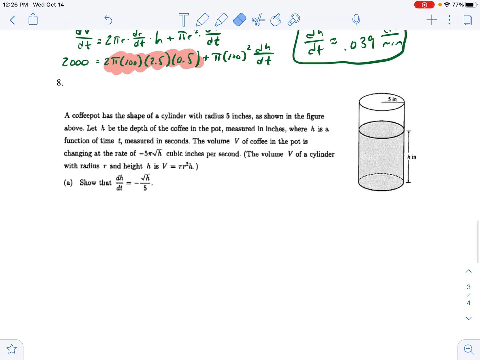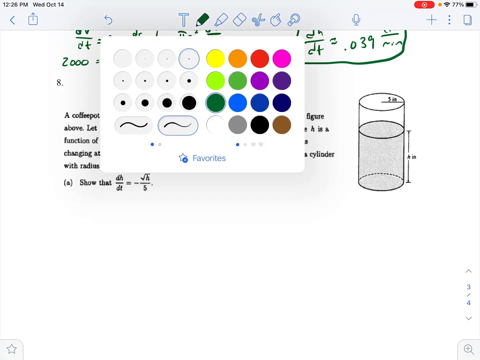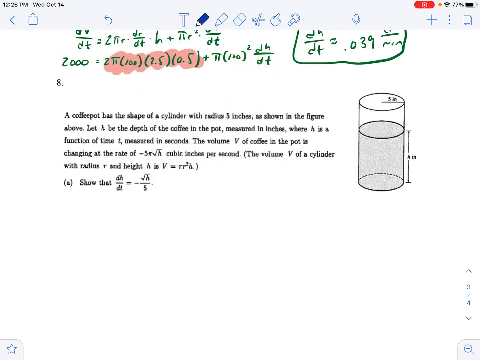Okay, a couple to go. Another cylinder one, but with a big difference here than the last one. Coffee pot has the shape of a cylinder with a radius of 5 inches as shown in the figure above. Let h be the depth of the coffee in the pot measured in inches, where h is a function of time t measured in seconds. The volume V of the coffee in the pot is changing at a rate of negative 5 pi radical h cubic inches per second.